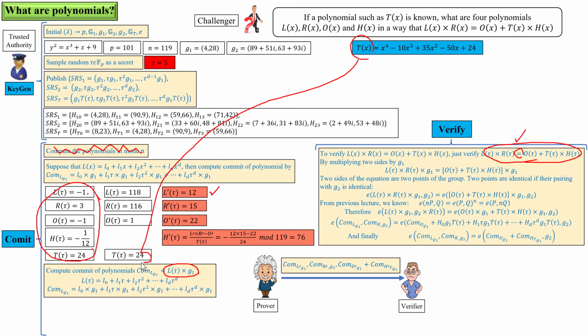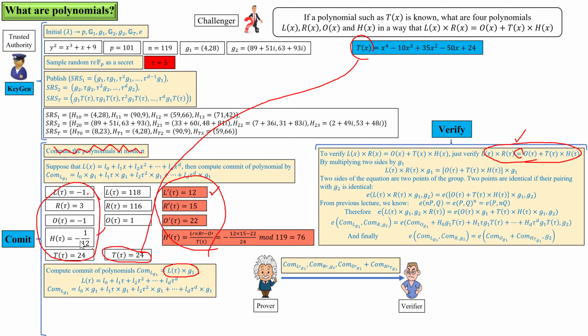And I can understand that T of tau equals 24. So then by knowing this value, the prover can generate some other fake values for the evaluation of the polynomials L, R, O, and H.